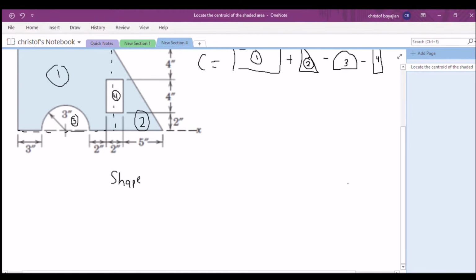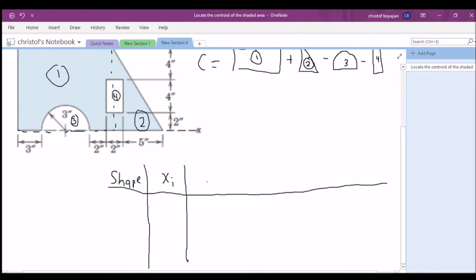Our first column is just identifying which shape we're going to be working with. Then it's going to be the centroid of that shape in the x direction. Then it's going to be the centroid in the y direction. And then it's going to be our total area of that shape.